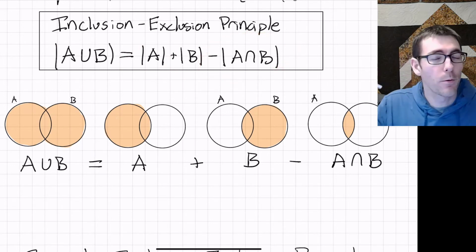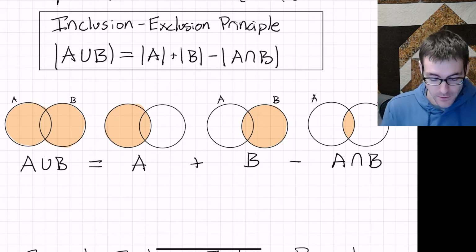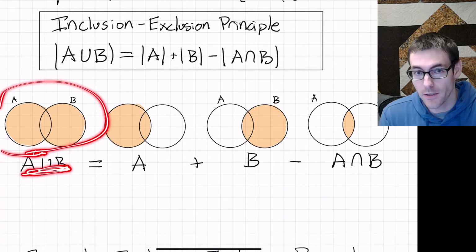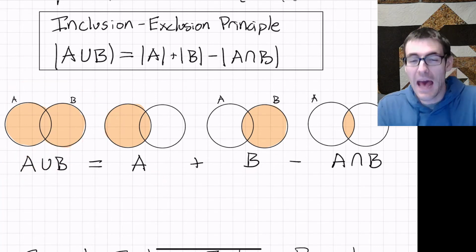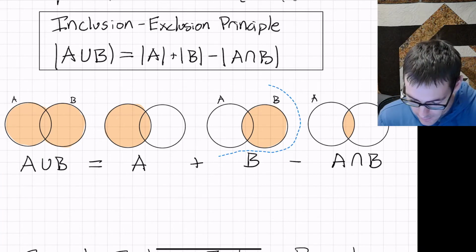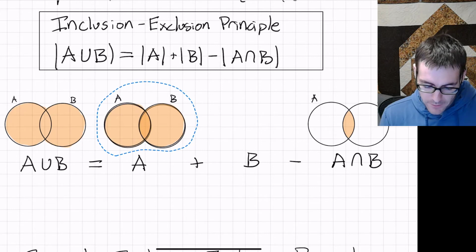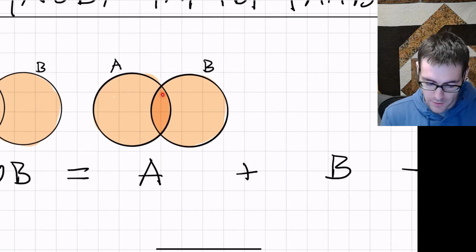I personally really like Venn diagrams, so the explanation for this using Venn diagrams is as follows. If we want the union of these, we could take A and we could take B and add them together. So let's move this piece over, but you'll notice that if we line it up right, the overlap is darker than it should be.